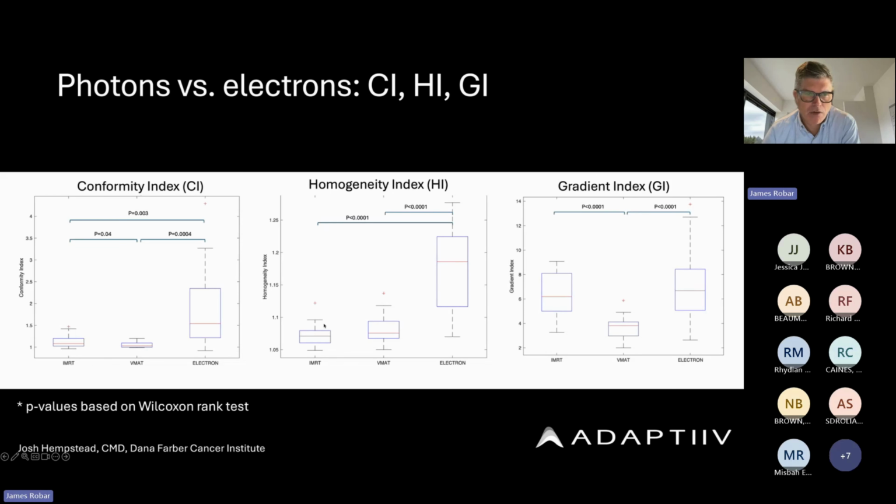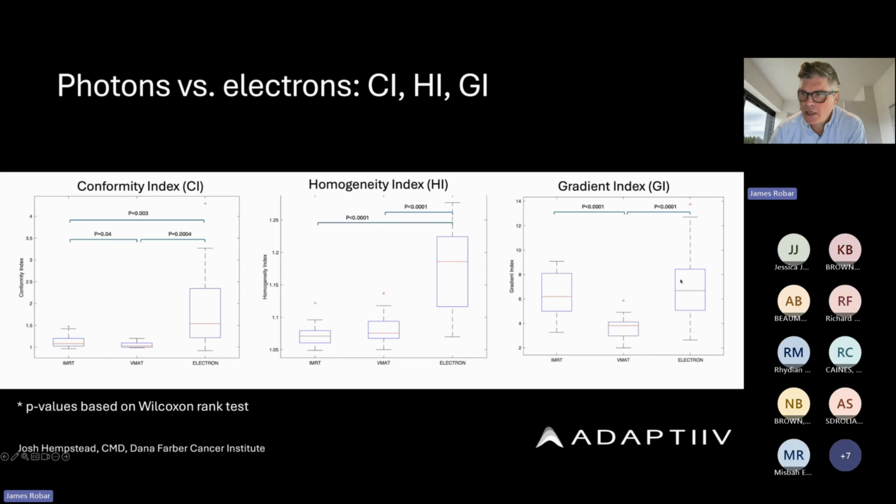Homogeneity index, so that is what is the significant hotspot in the PTV divided by the coverage isodose level. Similar behavior, we've got significance between both photon techniques, much lower hotspots. So you can see it's around 107 here, median, compared to some of these electron plans where the hotspot might be 20% or more greater than the coverage level, which you had seen in those distributions that I showed you.